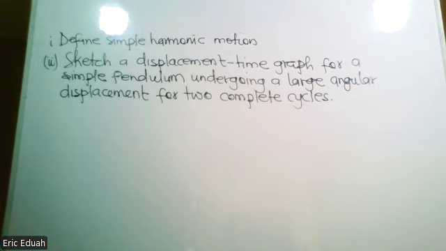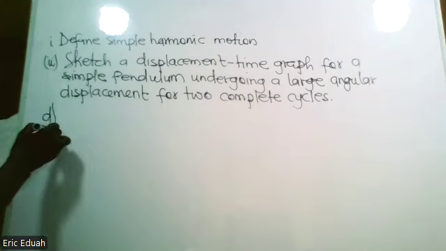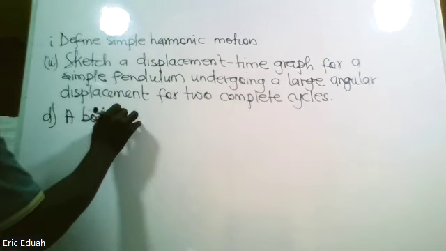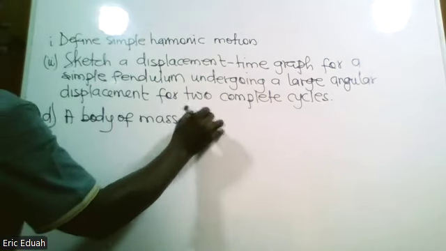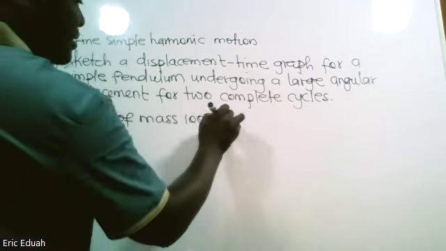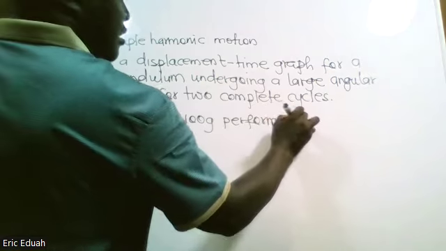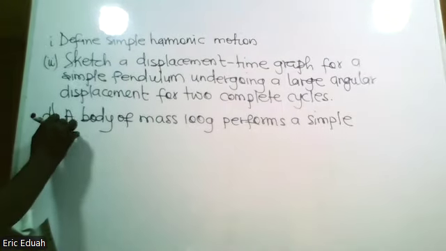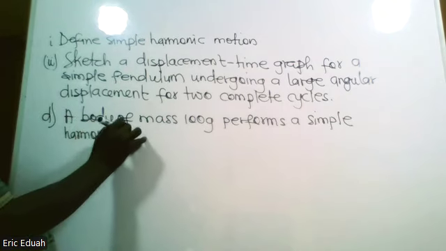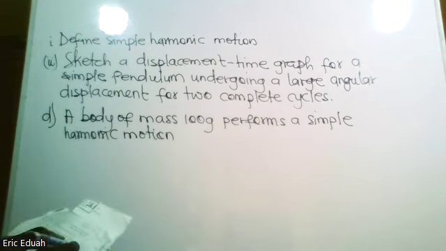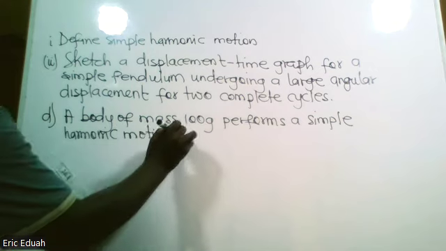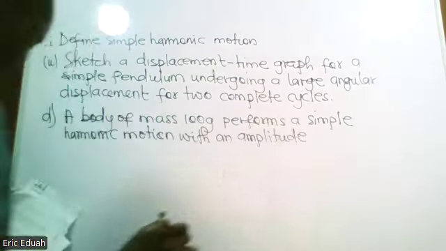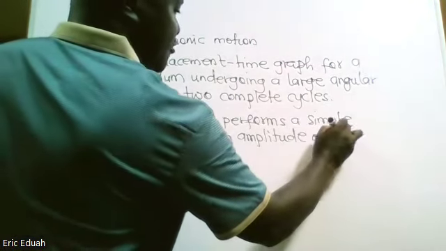Then the D question is that a body of mass 100 grams performs simple harmonic motion with an amplitude of 4.0 centimeter.